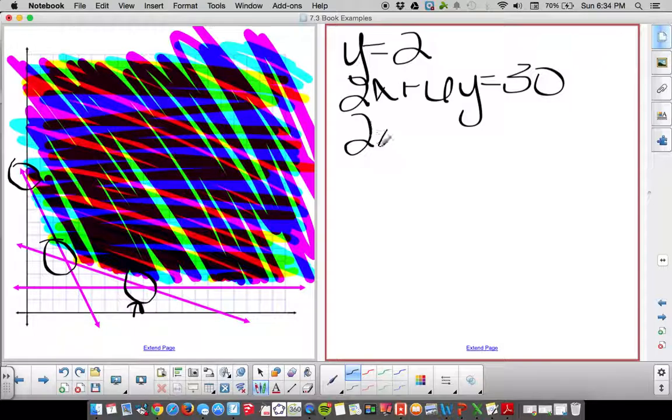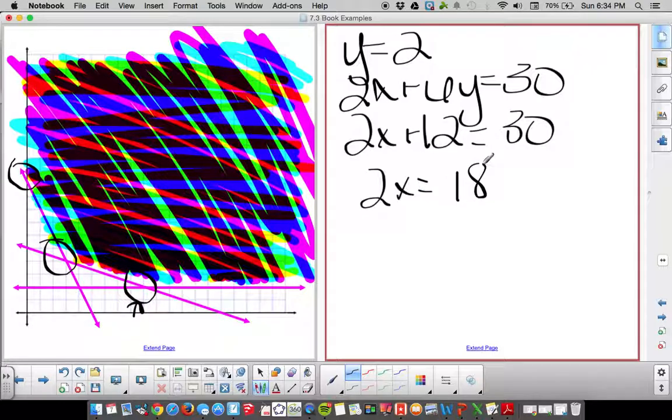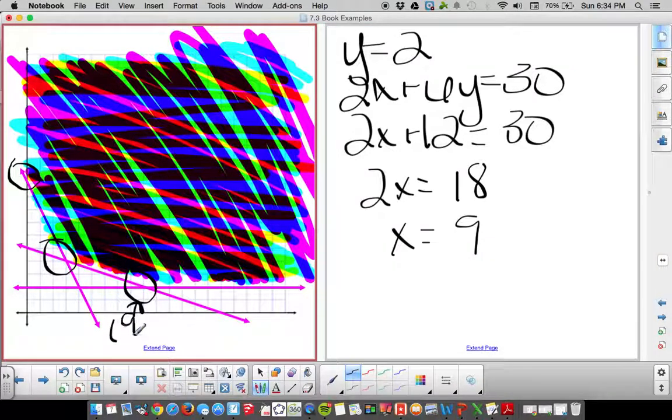So I have 2x plus 12 equals 30. If I subtract 12 from both sides, I get 2x equals 18. So x equals 9. So I know I have the point 9, 2 here.